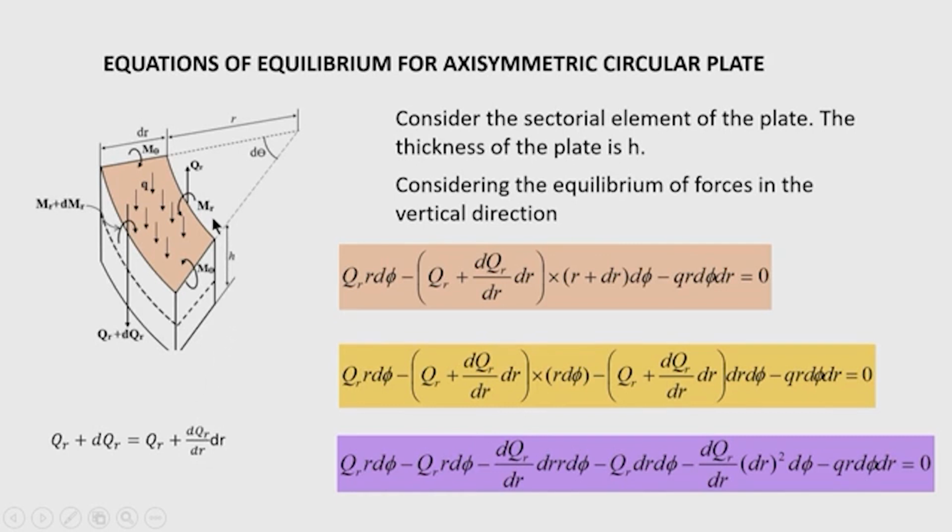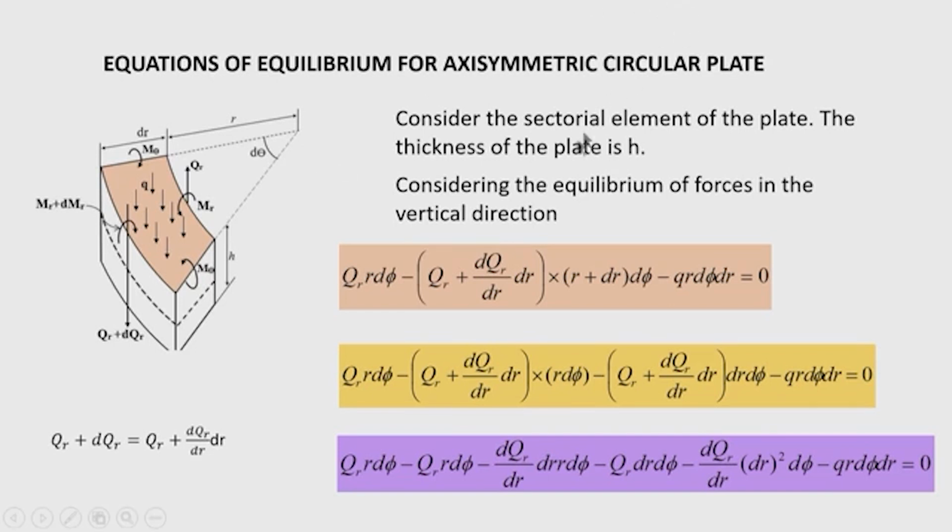Then M r, the incremental term is dM r, which is d M r by d r into d r. In the short form I have written it here. In the circumferential direction it is M theta, and on the other side, to keep equilibrium, it is M theta. So, M theta will remain the same; there will be no increment along the circumferential direction.